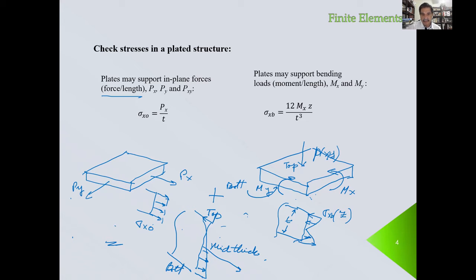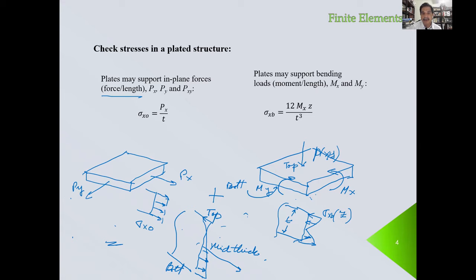For example, if we have a plate supporting only lateral load, if we plot the stresses at the mid portion, at the mid thickness, this value here has to be very small if there is no in-plane loading.